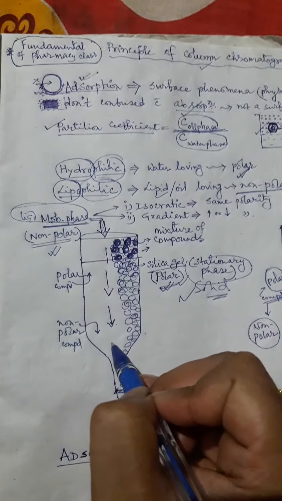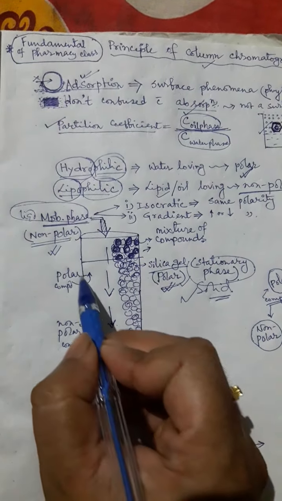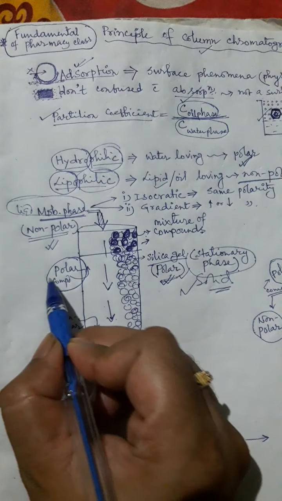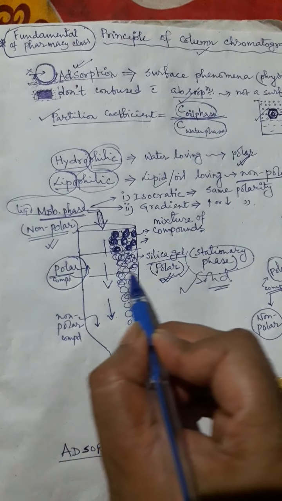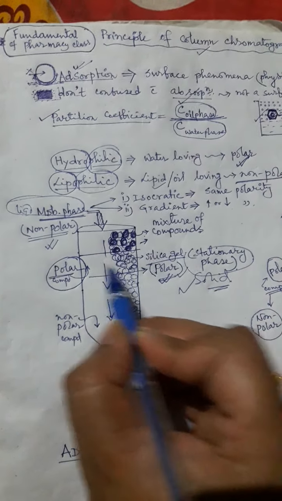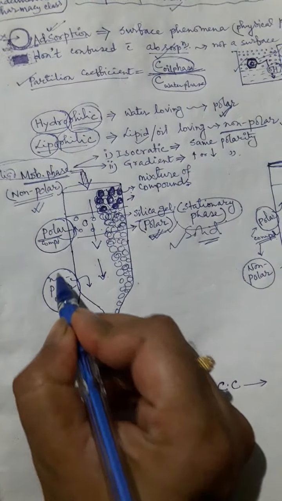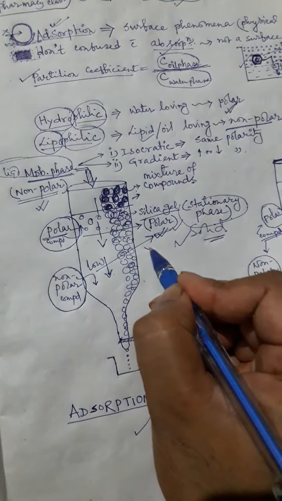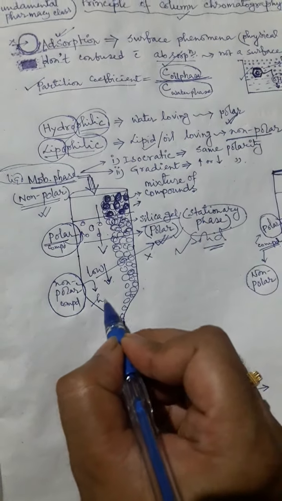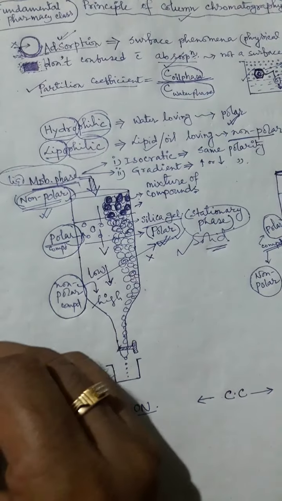So when it comes down, your compound may be a polar and non-polar mixture. Consider the compound which is polar in nature, having affinity towards the polar system, that means silica gel, so it will stick here in the upper part. Now consider the non-polar compound, having low affinity towards the stationary phase and high affinity towards the mobile phase, as it is non-polar.